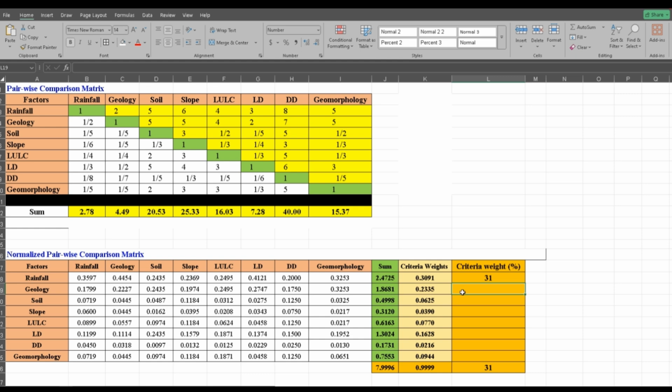For geology, it is equal to the criteria weight for geology times 100%, which is equal to 23%. For the rest of the elements, you can calculate in the same way by multiplying the decimal of the criteria weight by 100%. Now the summation of all criteria must be 100%.